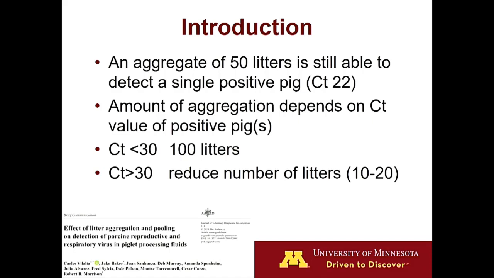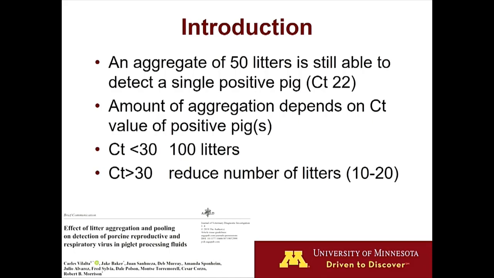For example, for CT values less than 30, you can do a fair amount of aggregation of litters. I put a number there, up to 100, but it will depend on the CT value of the positive sample in this aggregated sample.